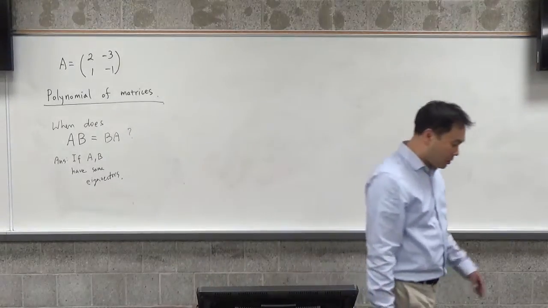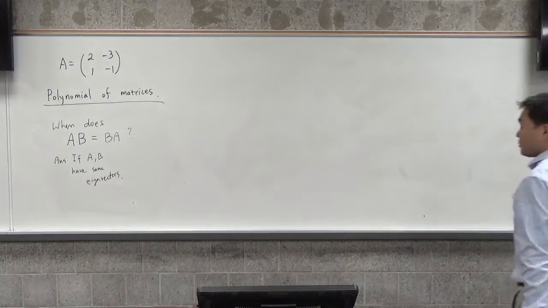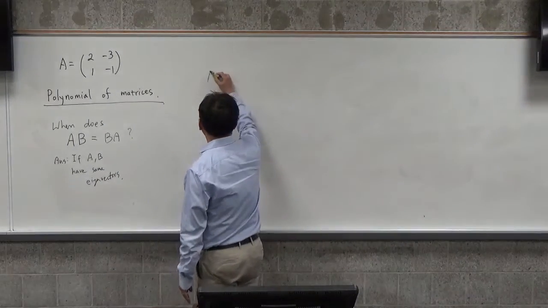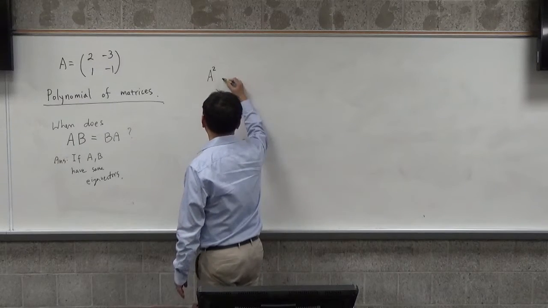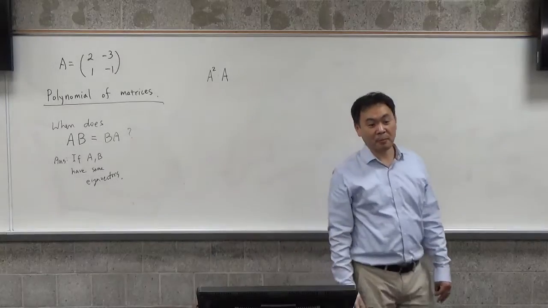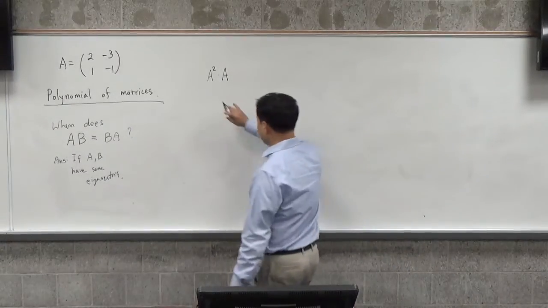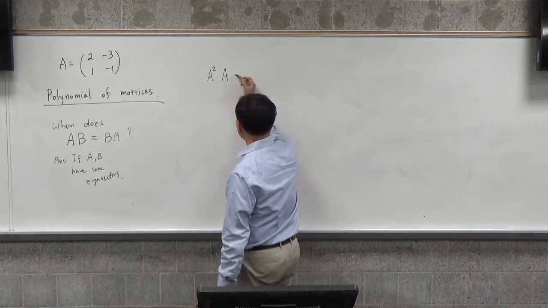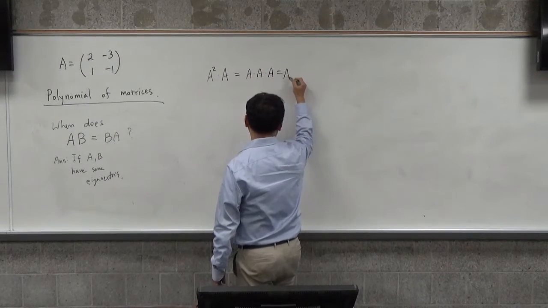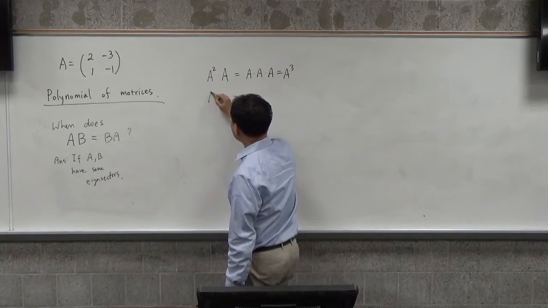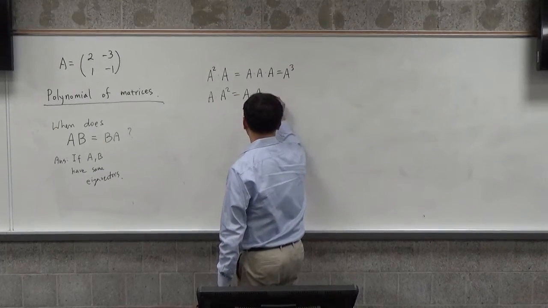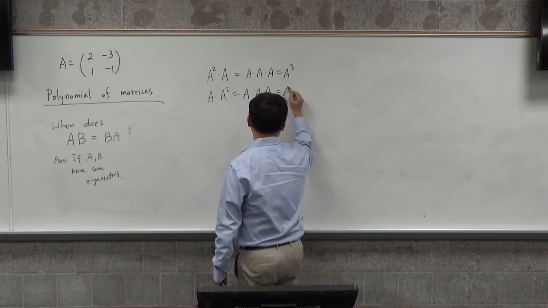But just to give you some examples of such, think of A squared and A. Now these two clearly commute, don't they? Because if you have A squared times A, that's A times A times A, which is A cubed. And if you have A times A squared, that's also A times A times A, which is A cubed.